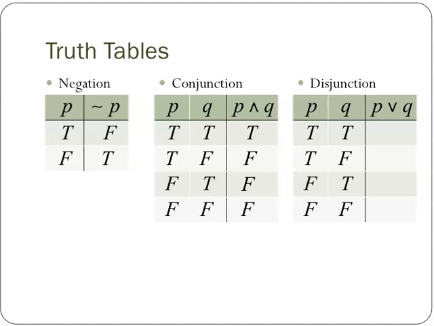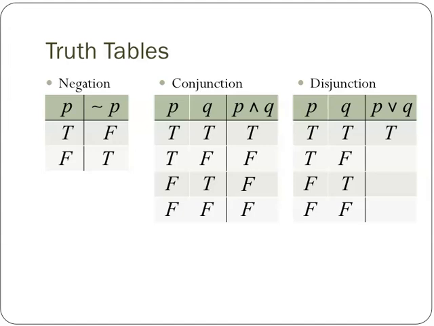Now on the right, for a disjunction, it's P or Q. That means that as long as one of the statements is true, then the compound statement P or Q will also be true. For that first row, if they're both true, then this must be true.